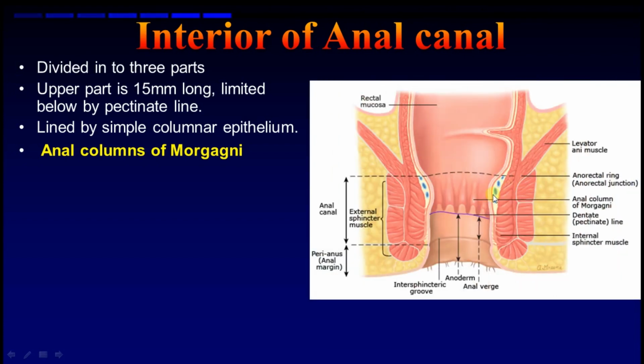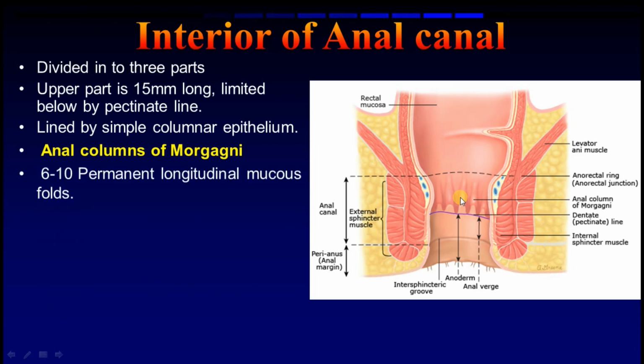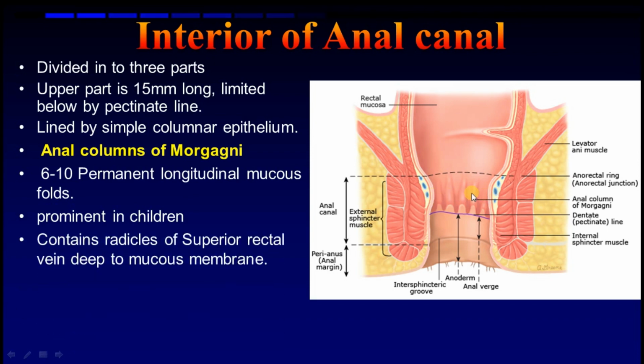Anal columns of Morgagni are permanent mucus folds. They appear bright red in color because of the radicals of the superior rectal artery. You can see that, and very prominent in children. Okay, so contains the radicals of superior rectal vein. Sorry, I told this as artery.